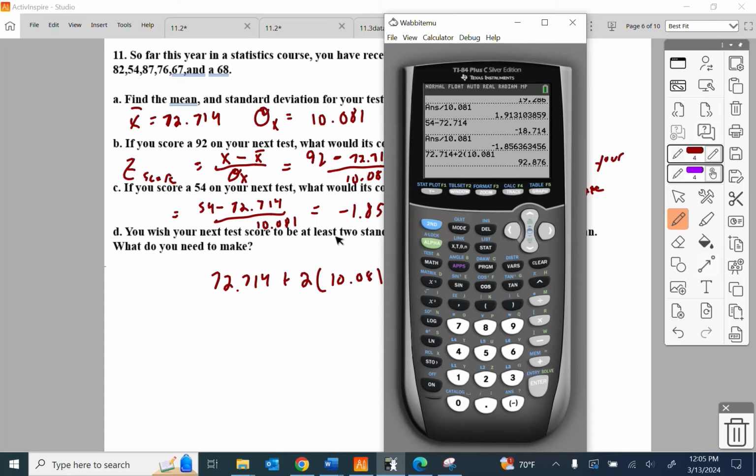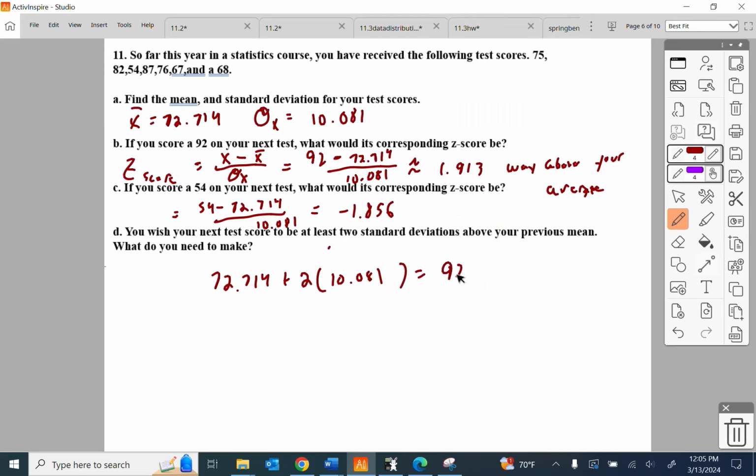So 92.876. So you have to make above a 92.876. Because I had the wording at least. Anything above that's going to do the job. So 93 or higher is what you're after.